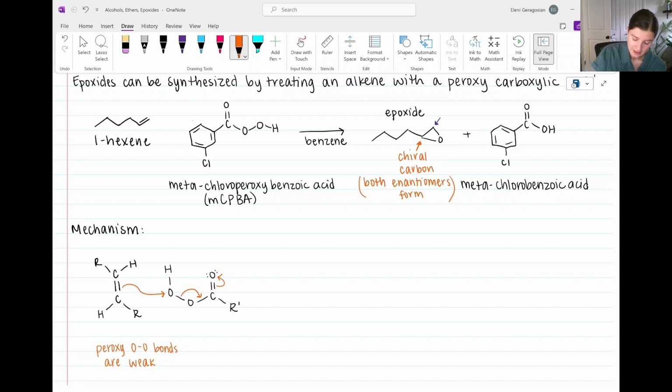The oxygen, the carbonyl oxygen, will create a bond to that terminal hydrogen. And the electrons in that oxygen to hydrogen bond will create a bond to that carbon.